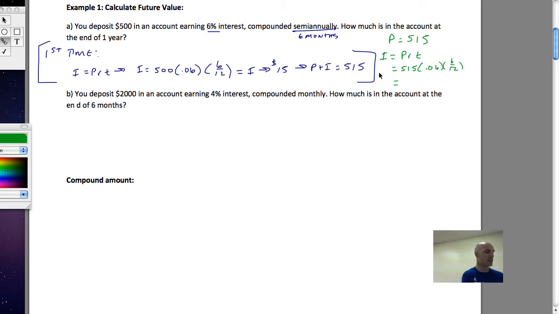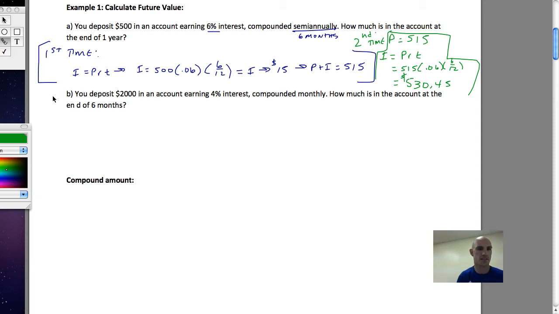So at the end of the second time, we end up with $530.45. We calculated the simple interest once, then we compounded it and calculated the simple interest on the amount that we had at the end of the first time. So here's the second time. All right, so that's how compound interest works. You find the simple interest, add it all together. Then take the simple interest of that, add it all together.